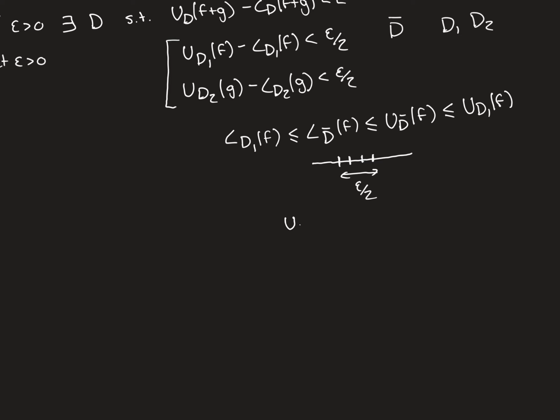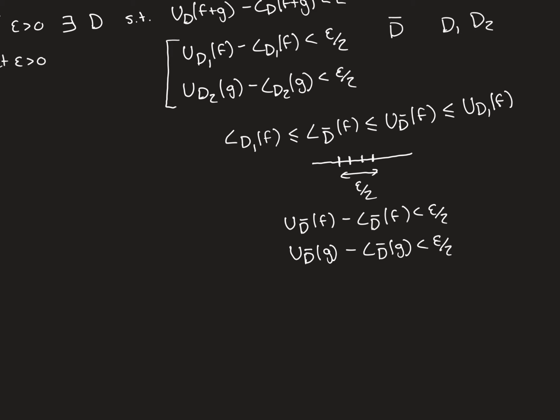So the upper Riemann sum, therefore, over this refined dissection d bar of our function f minus the lower Riemann sum over d bar of f is going to be less than epsilon over 2. And similarly, because it's a refinement of d2 as well, it's a common refinement, remember, we also have that the upper Riemann sum of g over d bar minus the lower Riemann sum of g over d bar is less than epsilon over 2.